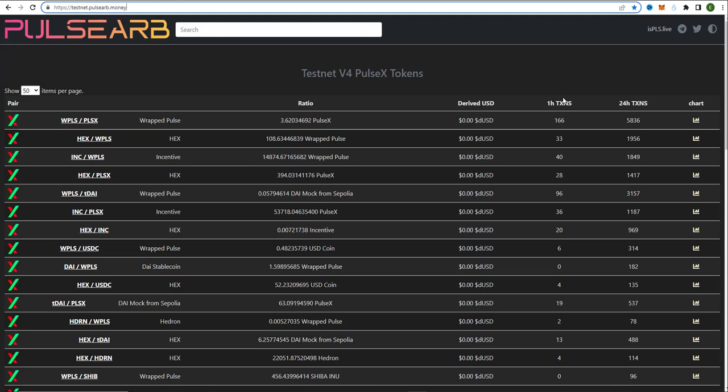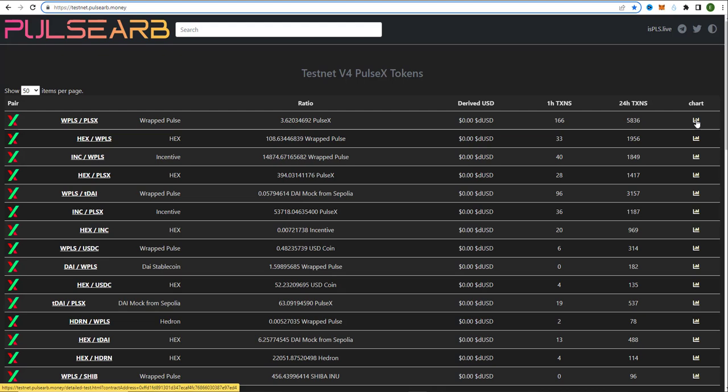Do you know that during the PULSECHAIN testnet, when V4 was launched, there was a particular time during the ratio trading that a single PLS was trading for around 170-something PLSX? It was a quick move.